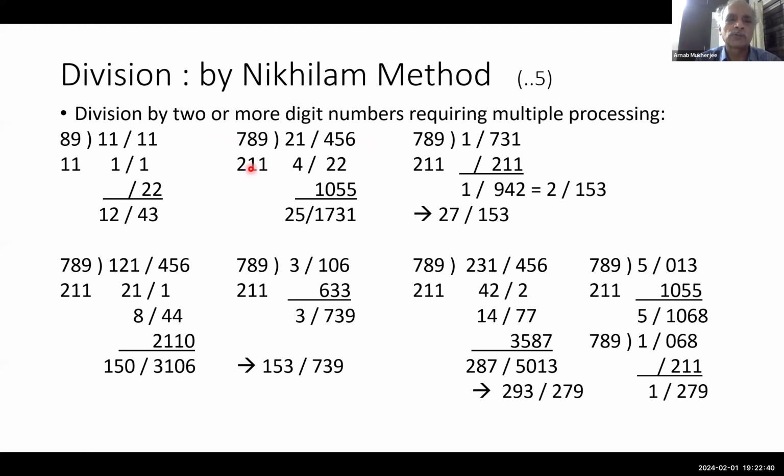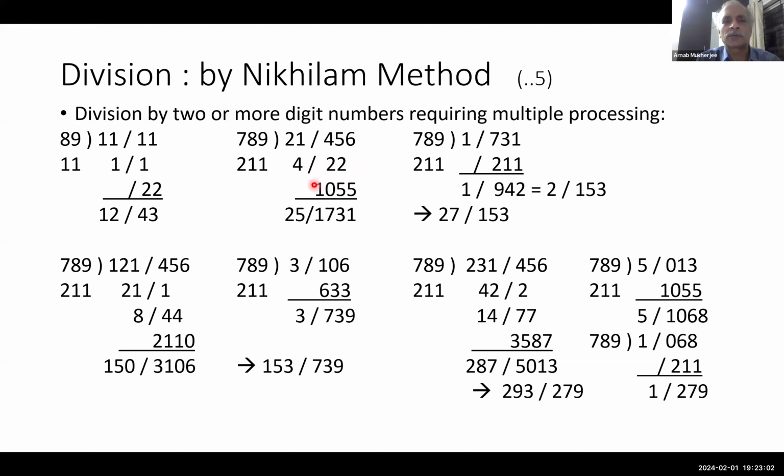Now 2 into 211: 4 we write this way below 1, and 22 we write towards the right. But as I told you, there is an invisible 0 here. It is not 22, it is 220. And again, 1 plus 4 is 5. 5 into 211 is 1055.